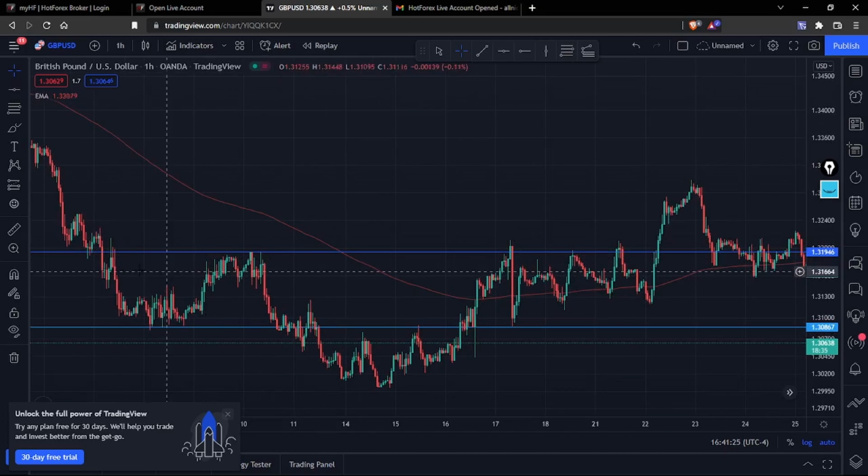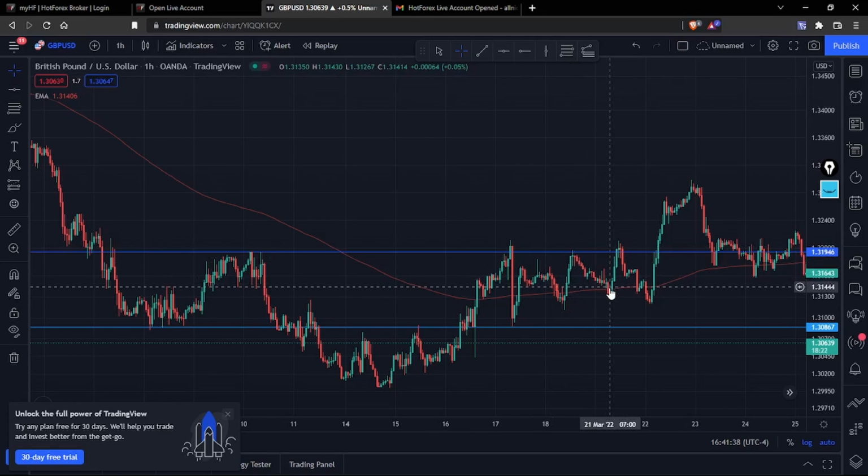This is a zone where when the price moved up, here, here, again, here, it was rejected. So it came up to this point, reversed, came up to this point, reversed.